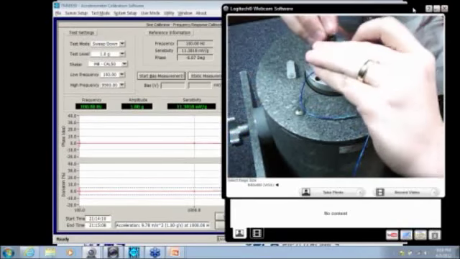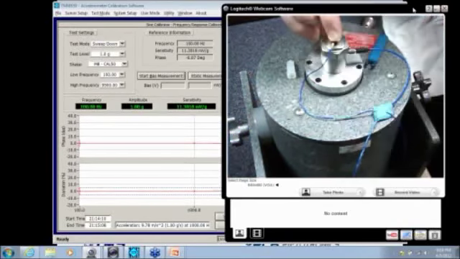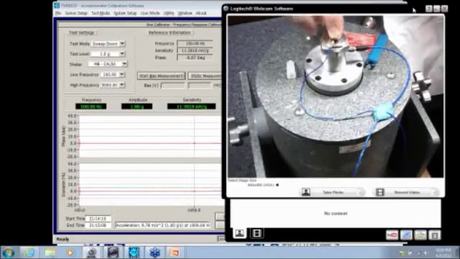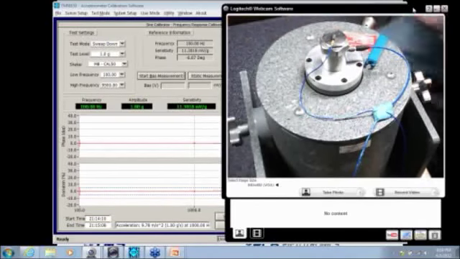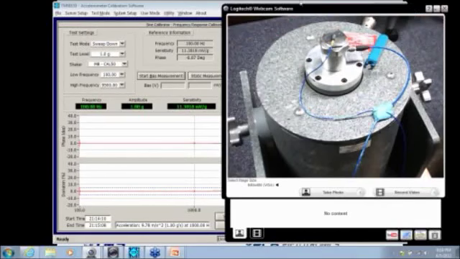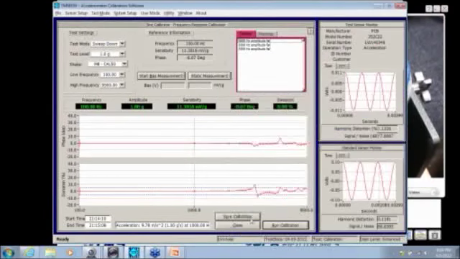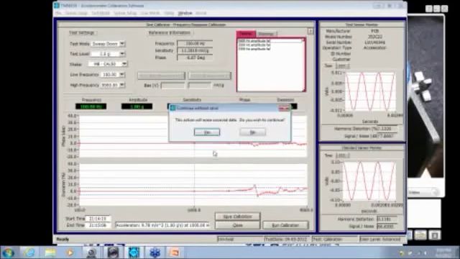Okay, now I believe I have it in the correct orientation. So, let's try one more time.